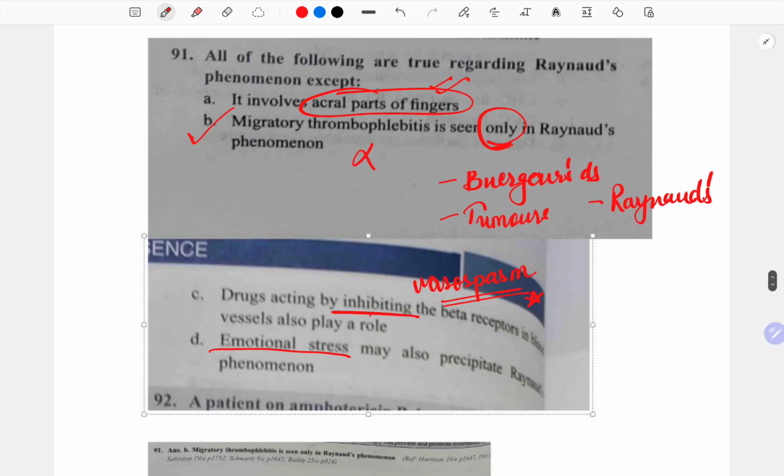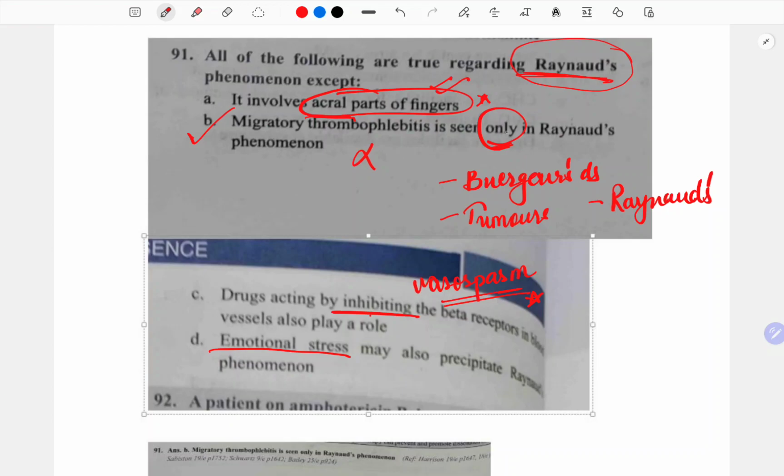Another question: all the following are true regarding Raynaud's phenomenon, except. See, Raynaud's is basically just a temporary spasm of the distal vessels. So it will involve the acral part of the fingers, that is the distal part.